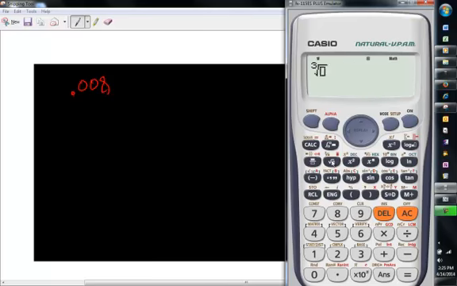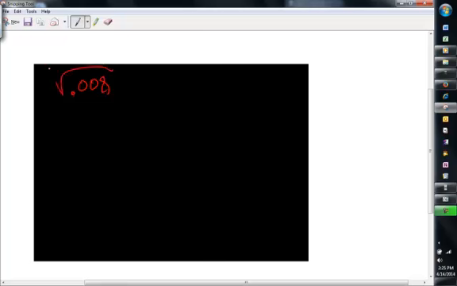Shift cube root of 0.008, and it says that's 1/5, which is 0.2. So if we took the cube root of 0.008, that is 0.2 times 0.2 times 0.2, and so the cube root is 0.2.